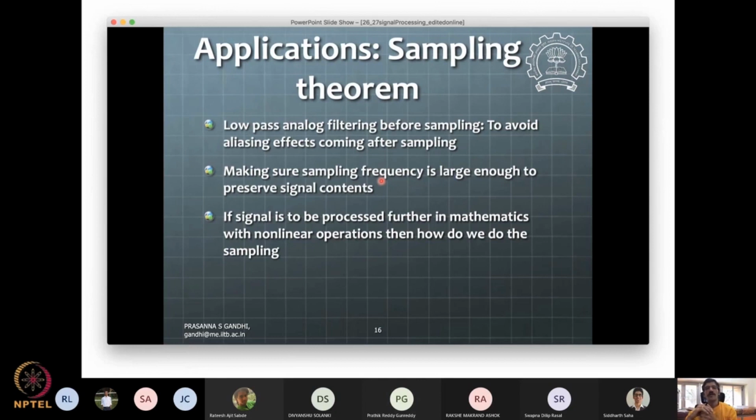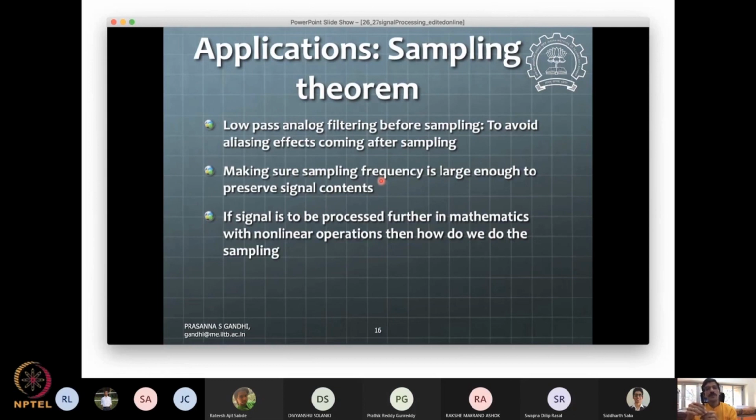So you typically require ideally sharp cutoff filters, but sharp cutoff means your cost is going to increase. You cannot use a simple RC circuit to get a sharp cutoff filter. The RC circuit will give you only a first order cutoff.